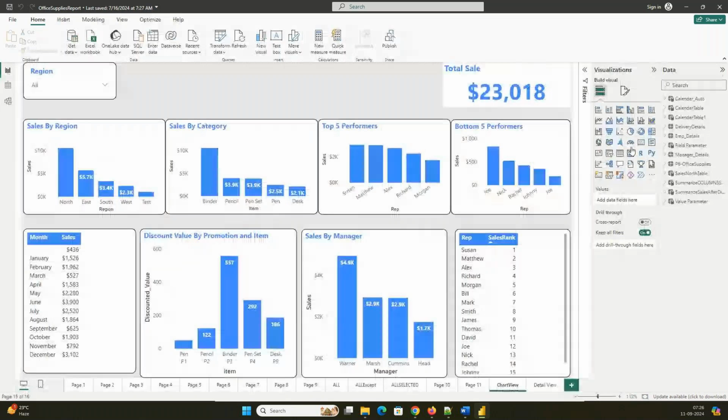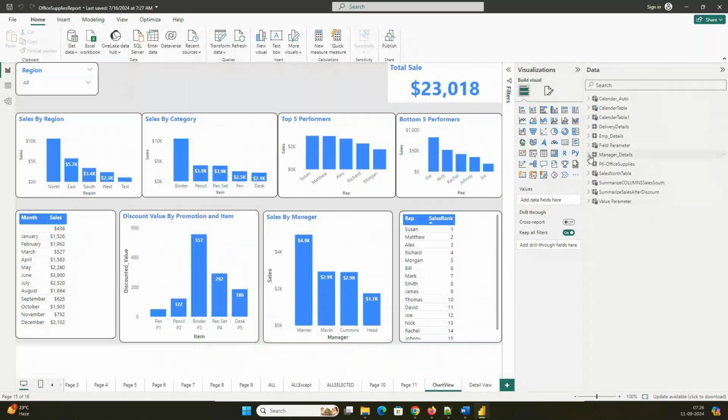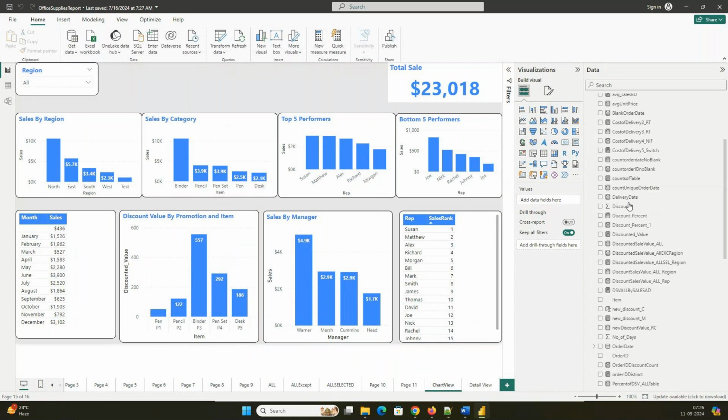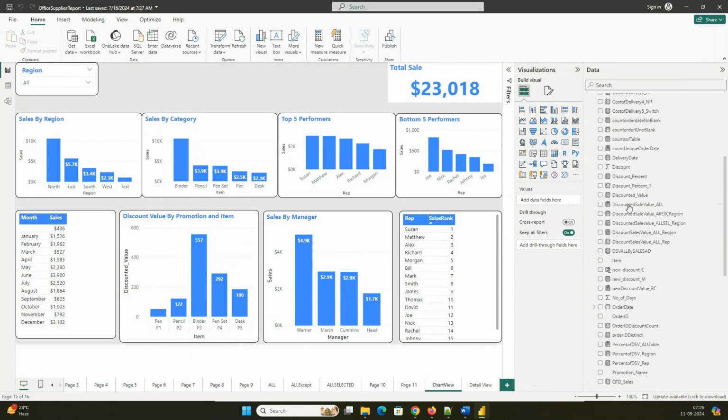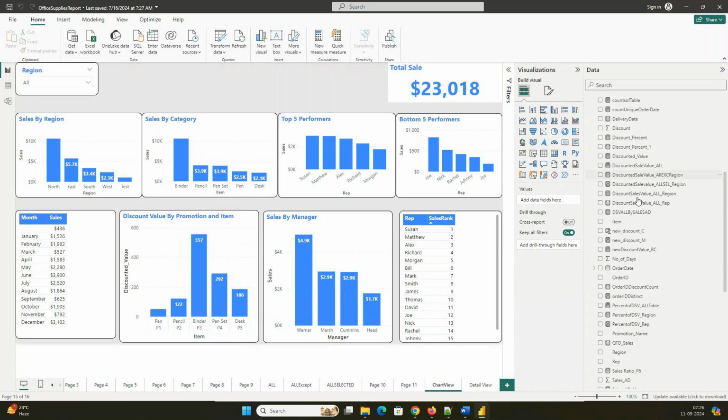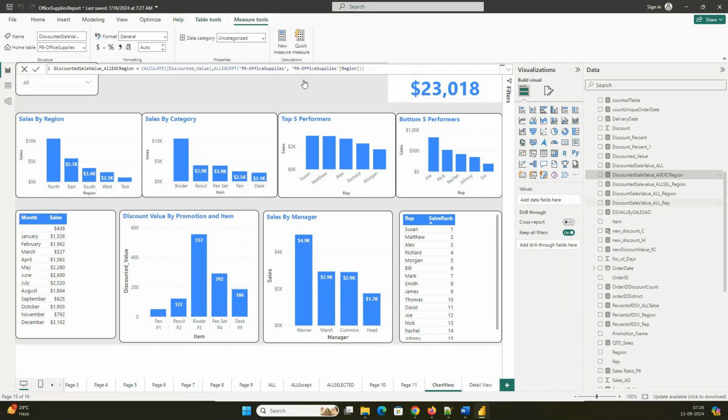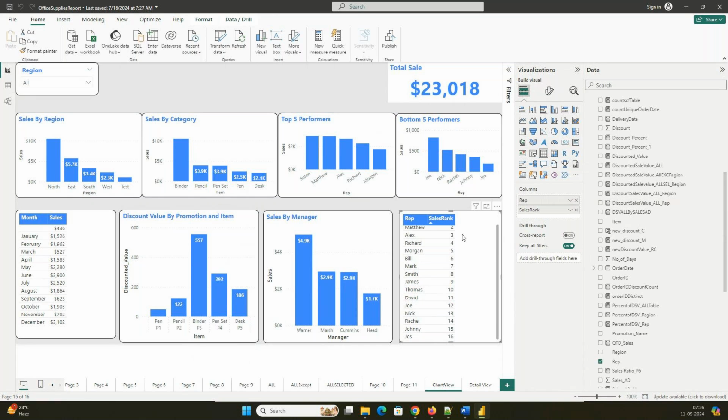Within the data set that I'm connected to, I have written multiple data analysis expressions, or measures. If you click on it, you will see I have written multiple measures here. Now, how are all these measures useful for me to build a report? Even in this report, Suzanne is number one in sales, but Josh is making 16 in sales, the least performer.